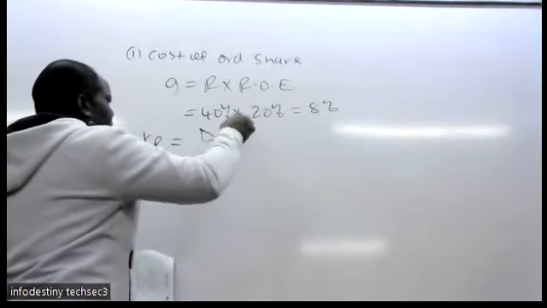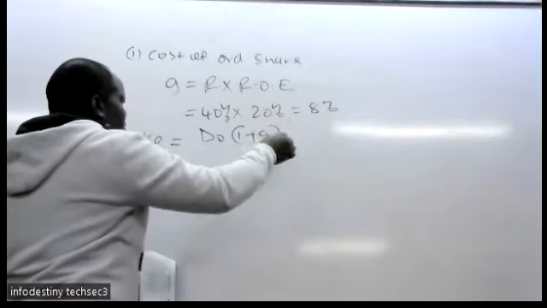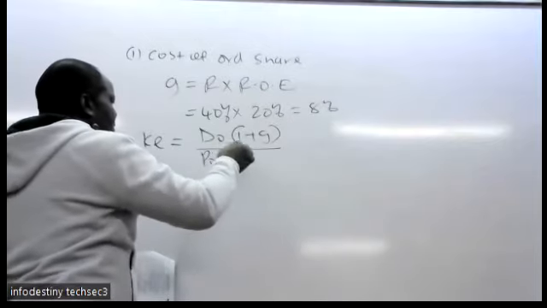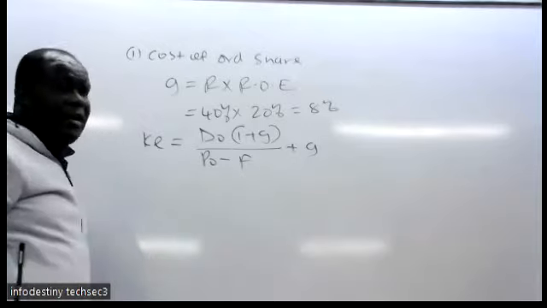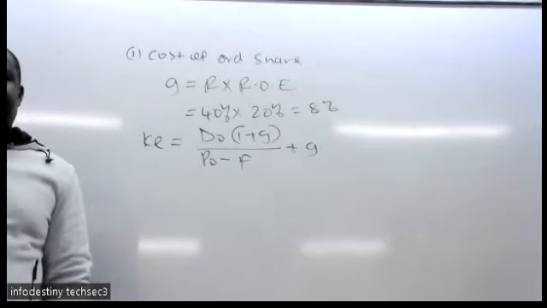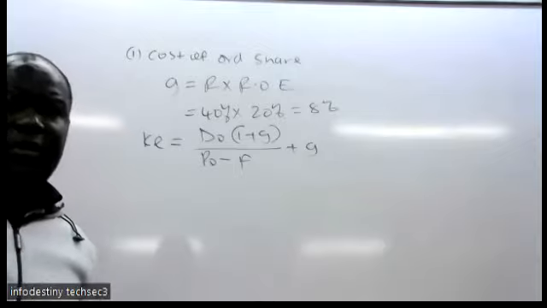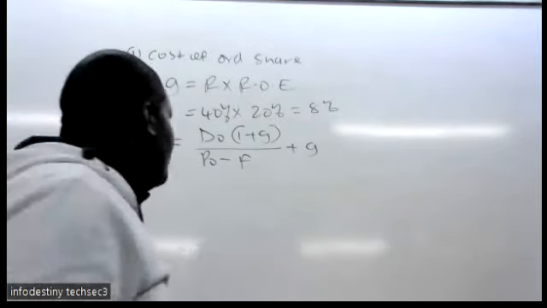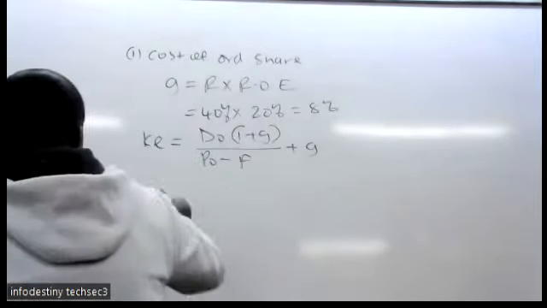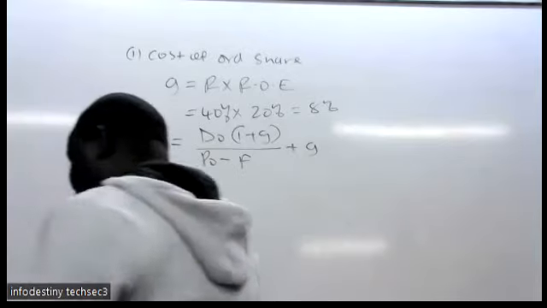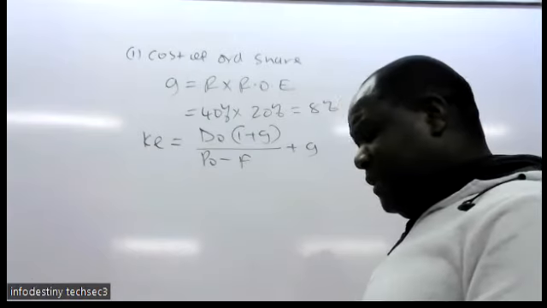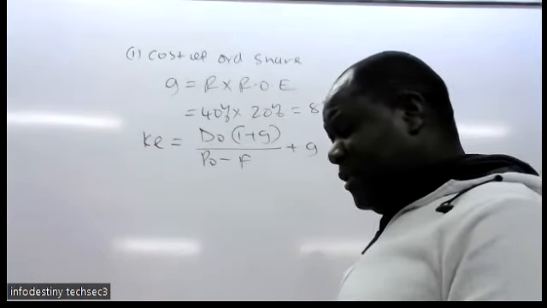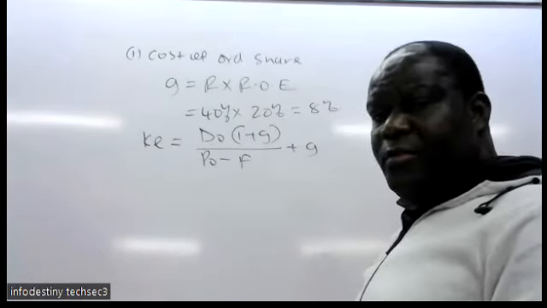Ke should be given by D0(1 plus g) divided by P0 minus the flotation cost, then we add g. So to compute, the dividend per share was given in note number 2.